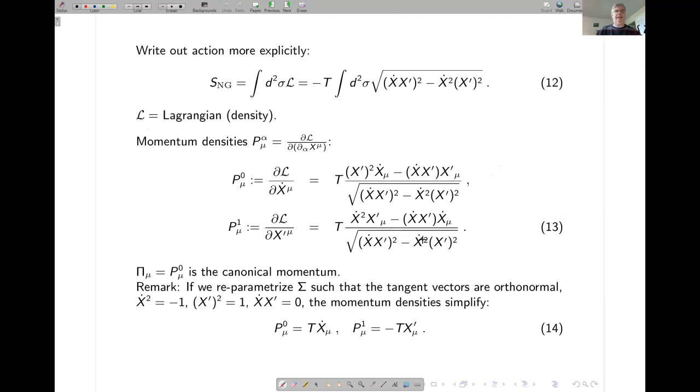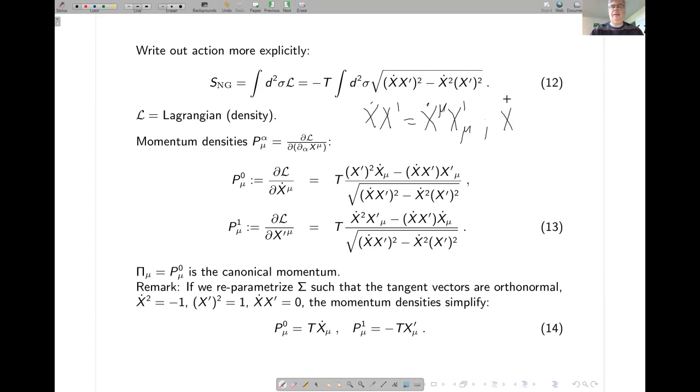Now, let us get accustomed with the metric, with the action a bit more intimately by writing it out more explicitly. Just to make sure that you get my notation, if I write here something like x dot x prime, then I have suppressed the Lorentz indices, and it is understood that there is a Lorentz scalar product.